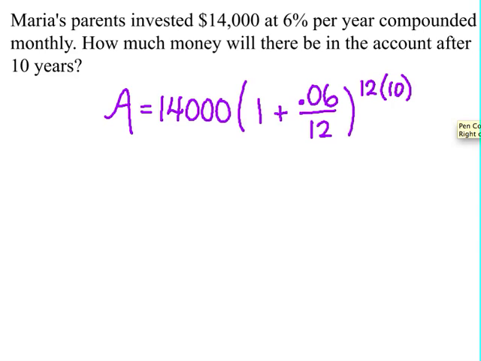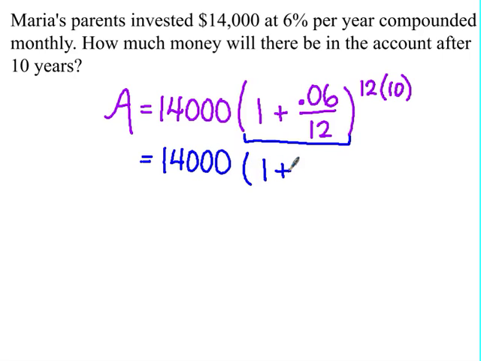Now real quick, we're going to worry about the parentheses again, guys, because that's where we need to start. So I want to do 0.06 divided by 12. And what is 0.06 divided by 12? 0.005. I'm also going to do 12 times 10. What is 12 times 10? 120.